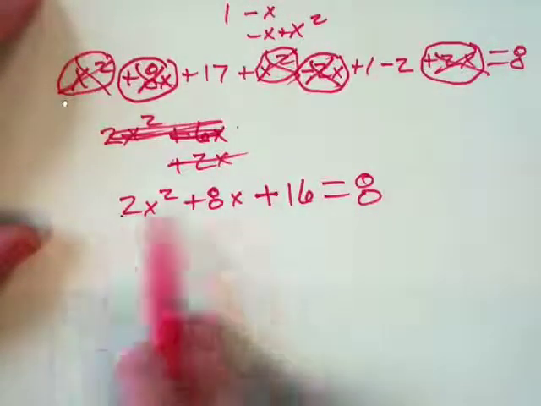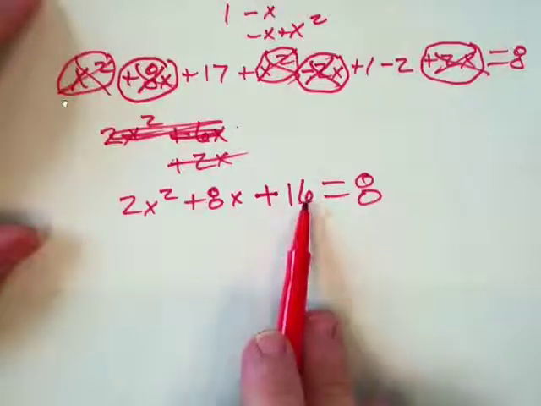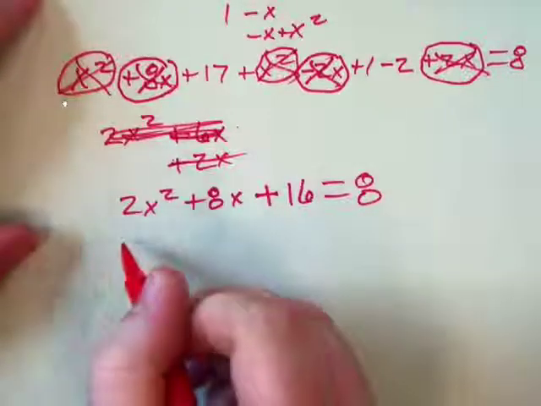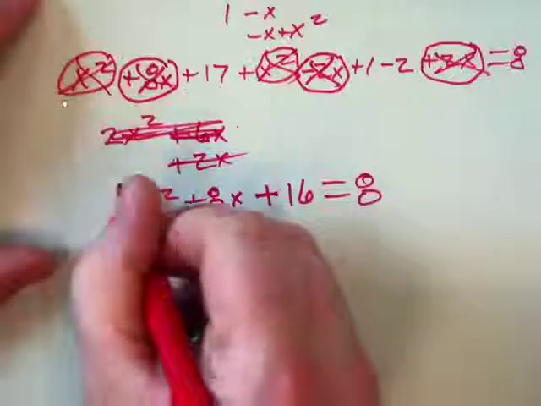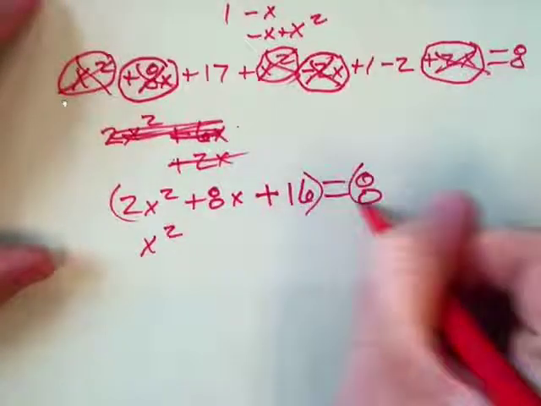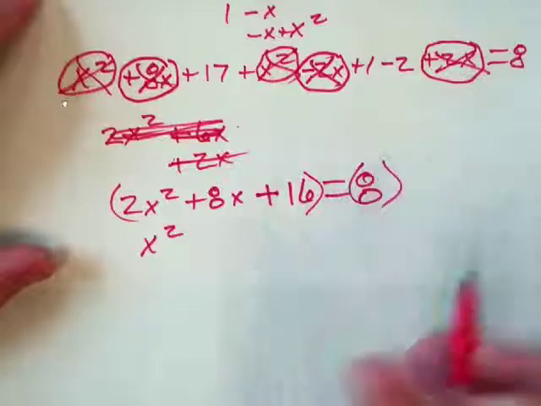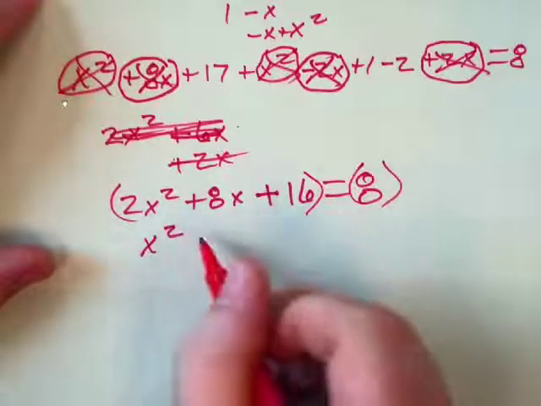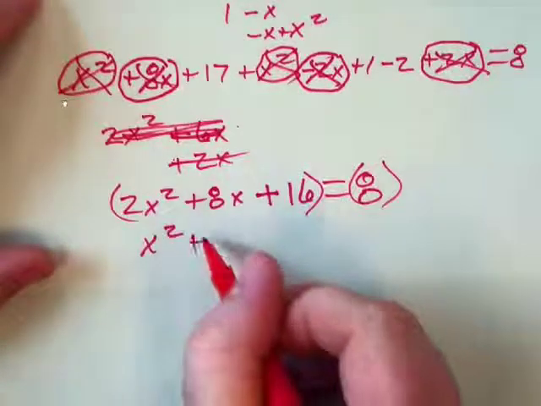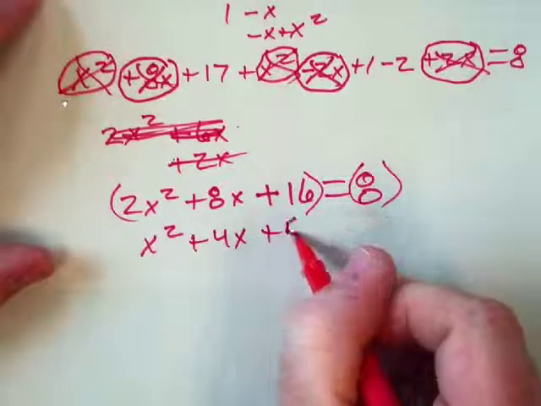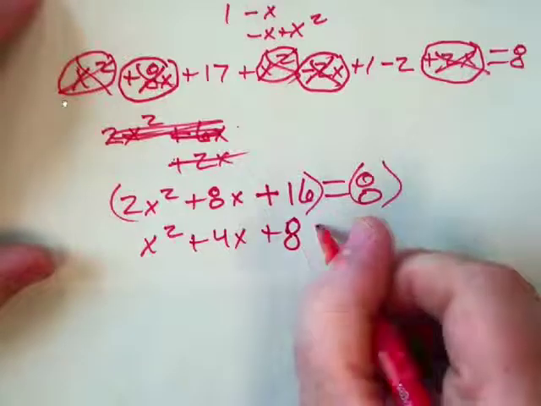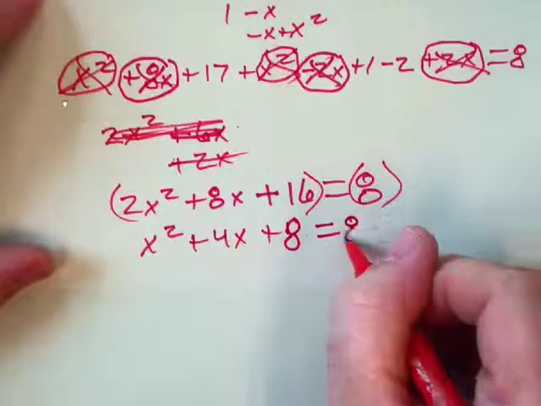Okay. Now one thing I see here is both sides, I can factor a 2 out of both sides. So I'm just going to go ahead and do that, and that gives me x squared. So all I'm doing is factoring out a 2 from both sides. That turns into a plus 4x plus 8 equals 8.